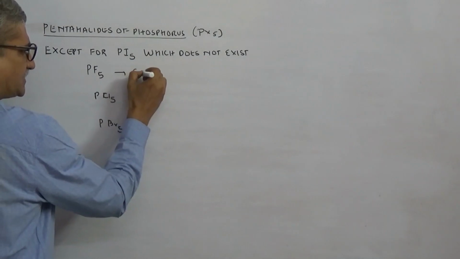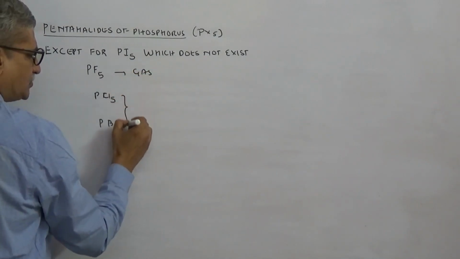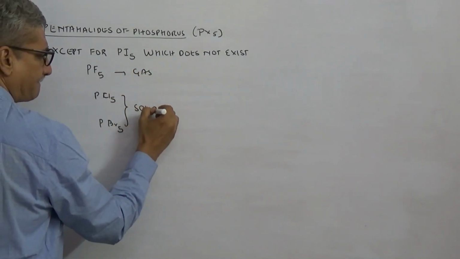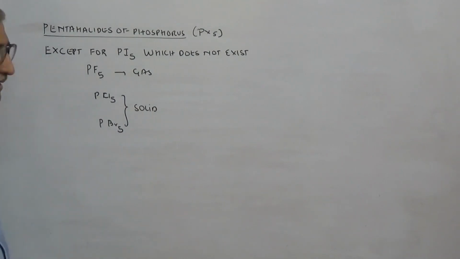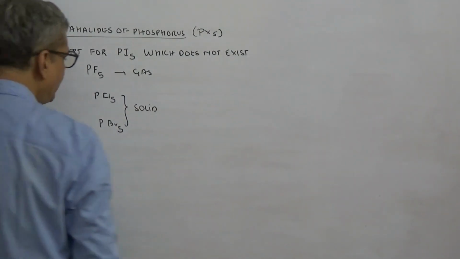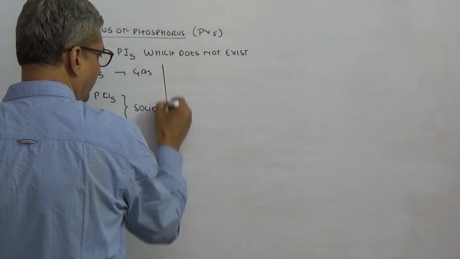PF5 is a gas, whereas the other two are solids. These two are solid. Is this clear? Now, what are the properties that we can think of?